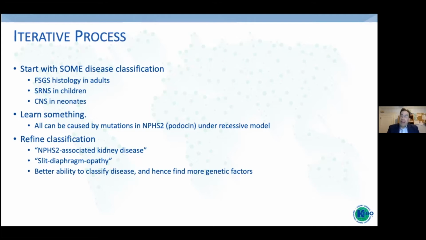So that suggests maybe we should think about reclassifying this set of diseases. Maybe rather than thinking of these as three separate disease entities, we should say they're all part of the disease we call NPHS2 associated kidney disease, or at least maybe a slit diaphragmopathy.